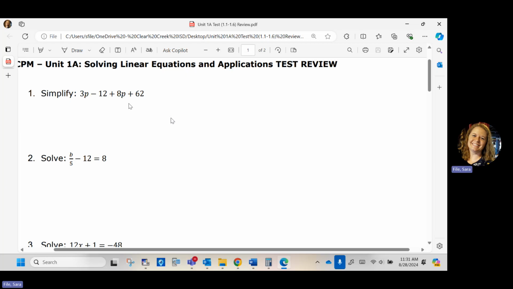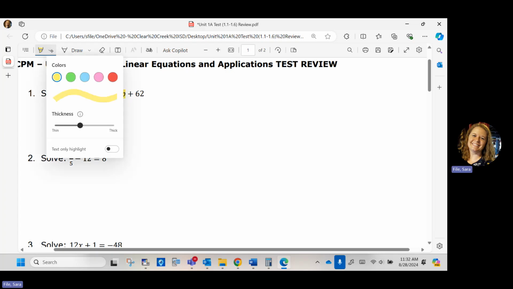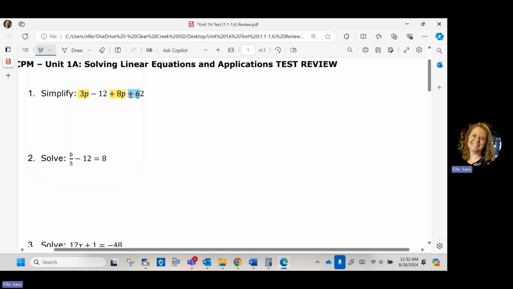All right, so simplifying, remember we are combining like terms. Here I've got two p terms, a +3 and a +8. And I've got two constant terms, so numbers that don't have variables are going to come together.